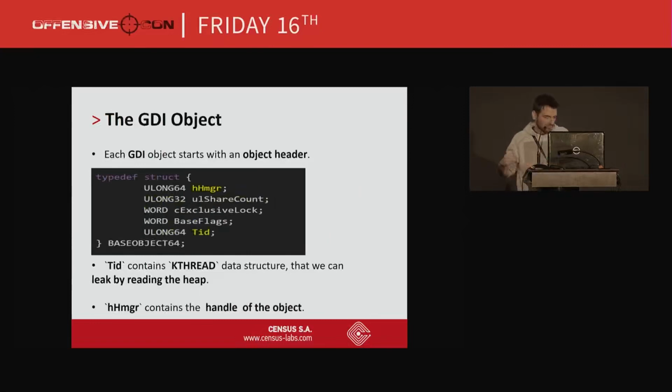Please keep in mind that it's significant that the address of the KTHREAD is in the object header, because once we have read-write primitives and we can read the heap, we can leak the address of the KTHREAD, and from there with read-write primitives we can get the system token and replace it with our user token.